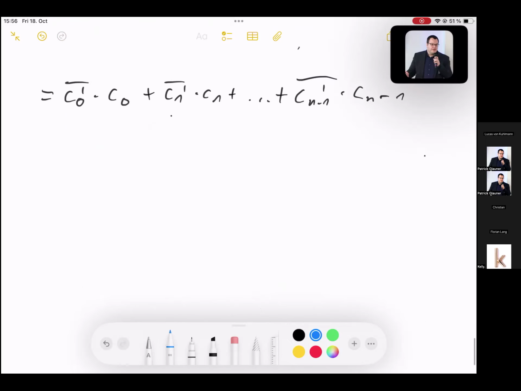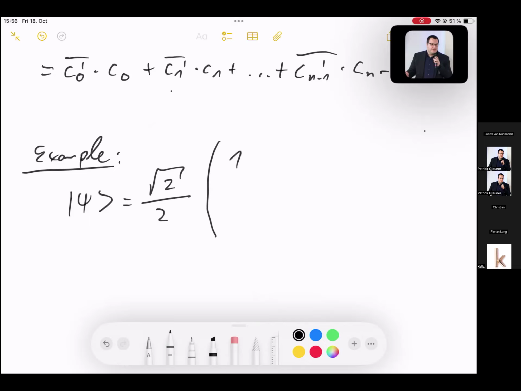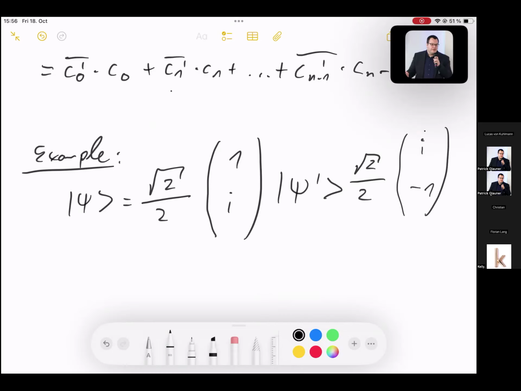So we have our psi, which is square root of 2 divided by 2 as a factor, and it's 1 and I, and our psi prime, the square root of 2 divided by 2, I and minus 1.